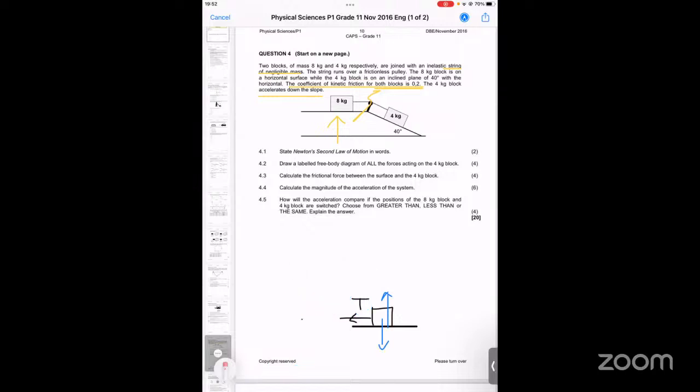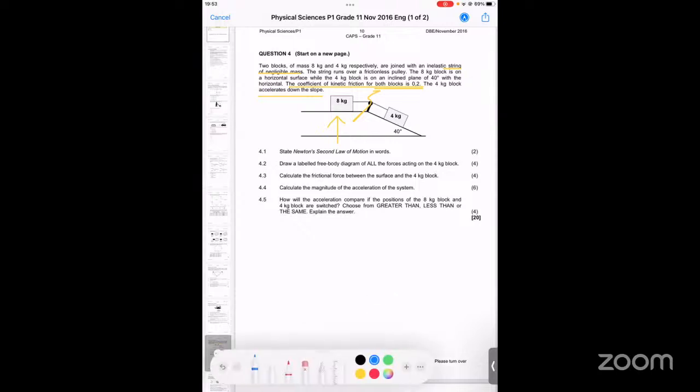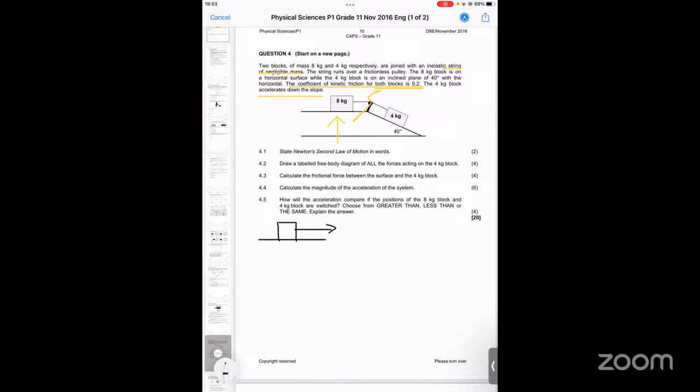So this is how you would work it out. When we look at that 4 kg, no, the 8 kg, it looks like we just have the tension and we also have the frictional force. Any other forces are the up and down, which are balancing.